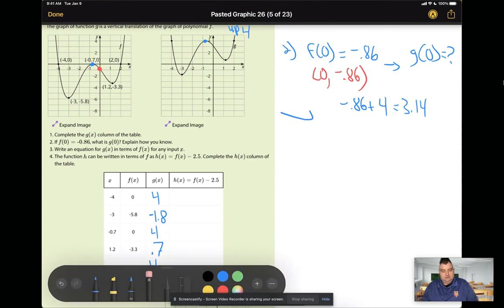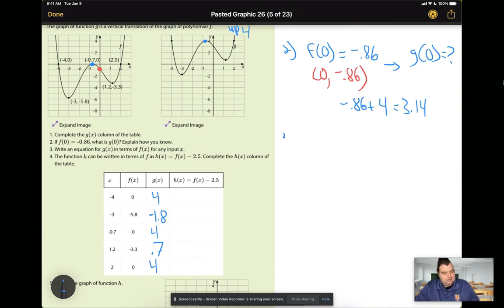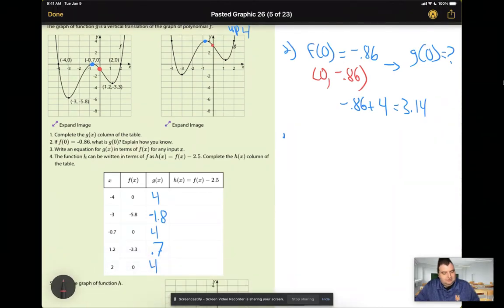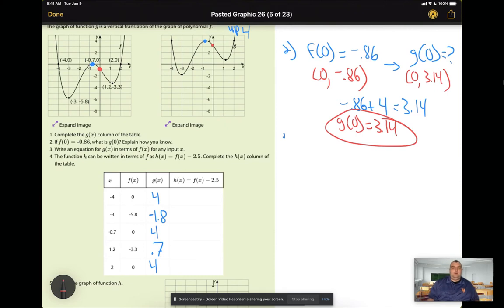So that means g of 0 is equal to 3.14. This point moves up to here, so it becomes 0, 3.14. So in other words, g of 0 is equal to 3.14.